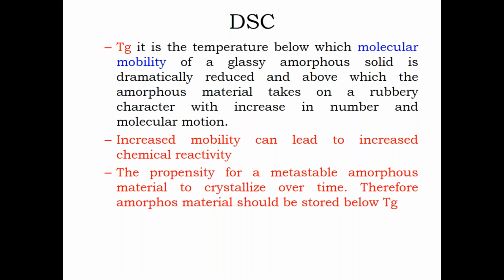Knowing that above the glass transition temperature there is a transition by which the mobility of the molecules increases, and because of the increased mobility there is a chance that interaction can happen.